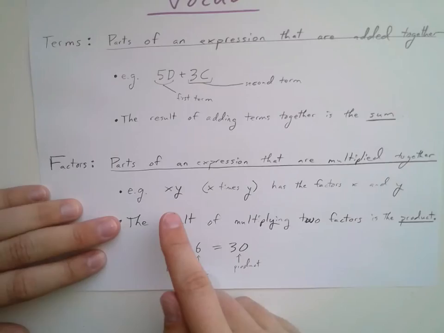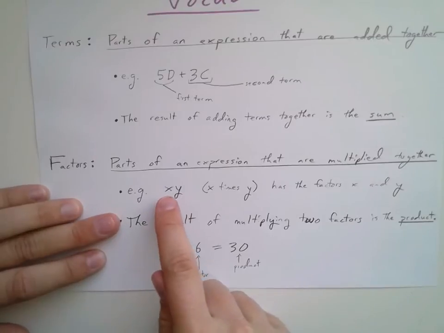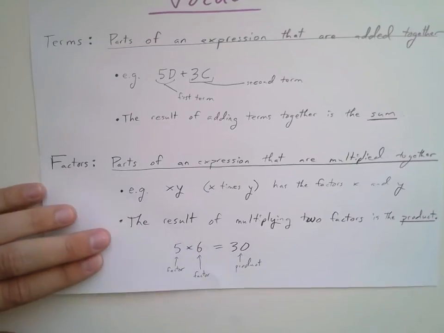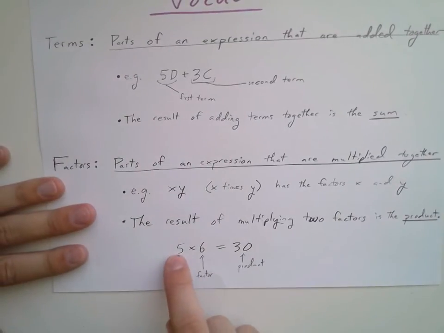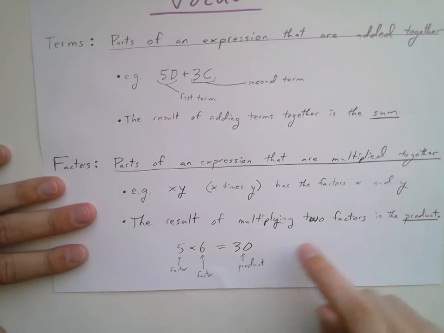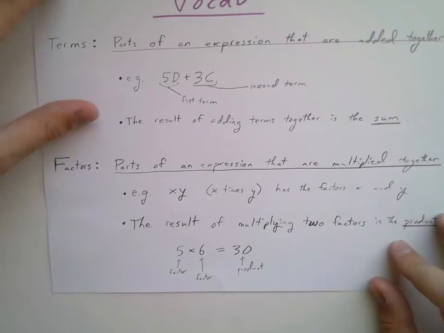The result of adding the terms together is called the sum. For factors, like say you have x times y, x is a factor and y is a factor. Or if you have 5 times 6, 5 is a factor, 6 is a factor. And the result is called the product when you're multiplying.